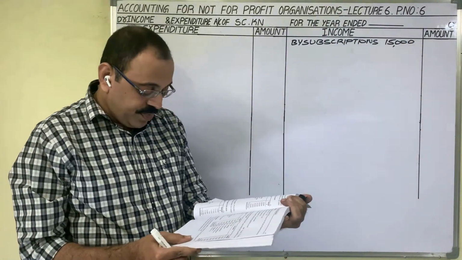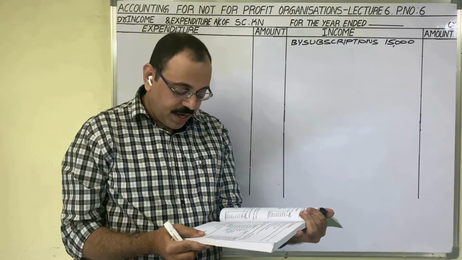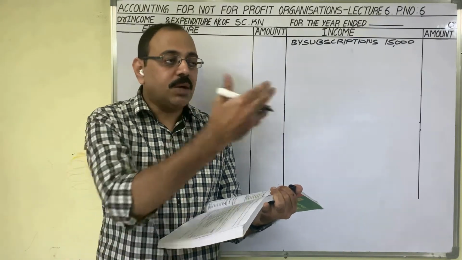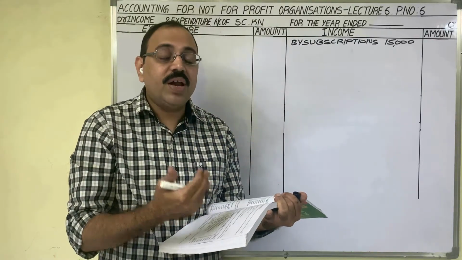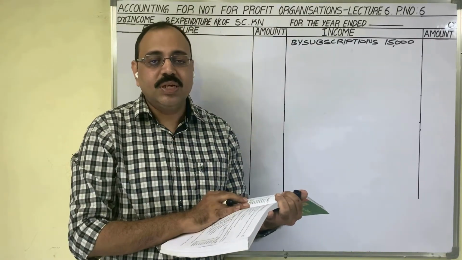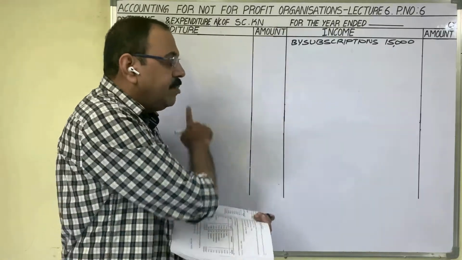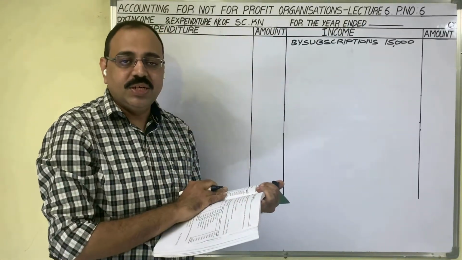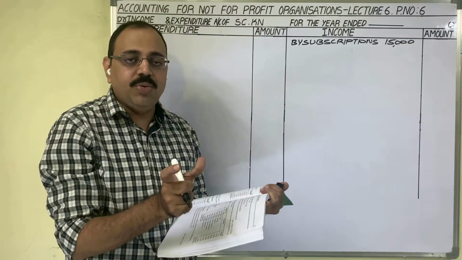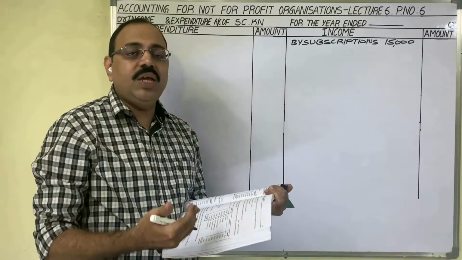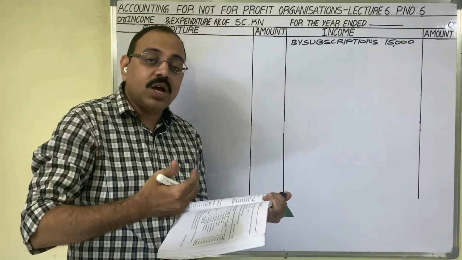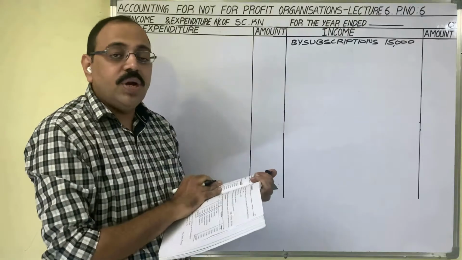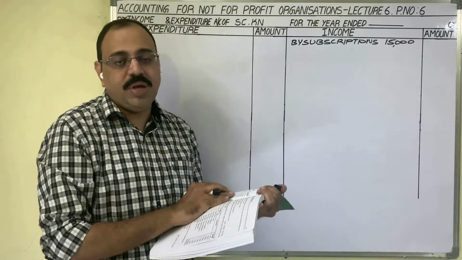Adjustment number 2: subscription still outstanding amounts to 5,000 rupees, meaning subscription to be received for the current year is 5,000 rupees. We are preparing this income and expenditure account to know the current year surplus or deficit. If you want to know the correct values, not only received incomes but also to-be-received incomes we should consider, because the income and expenditure account is prepared on an accrual basis.